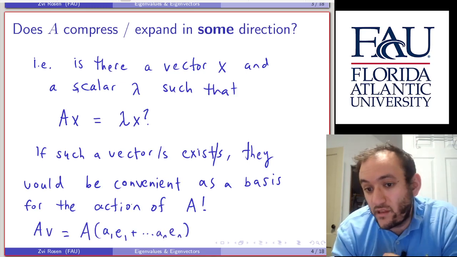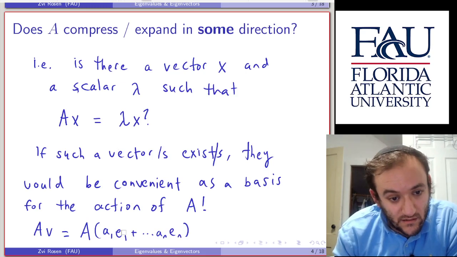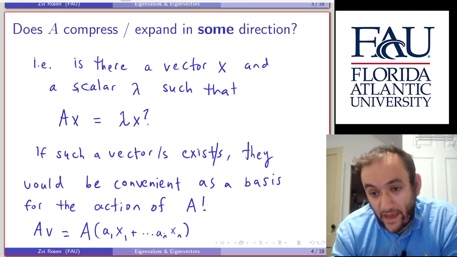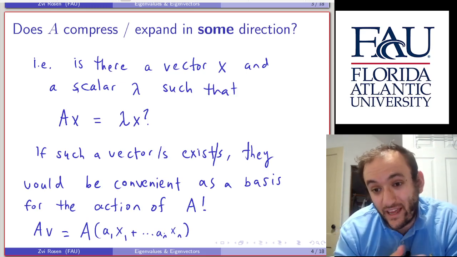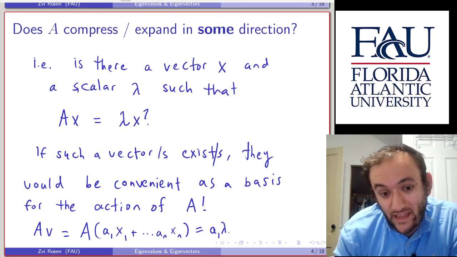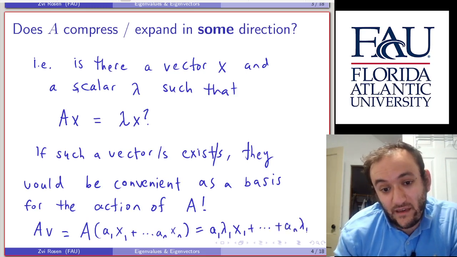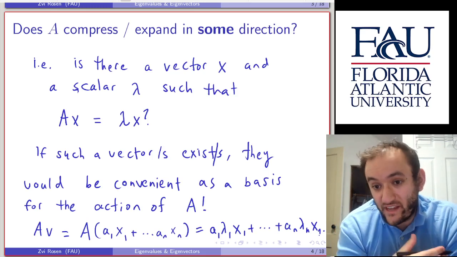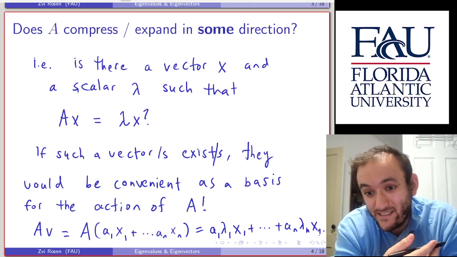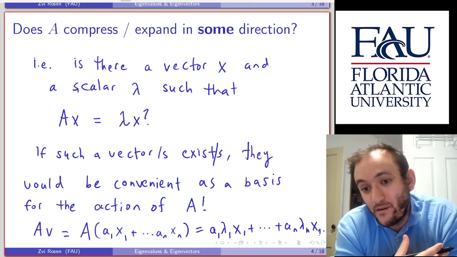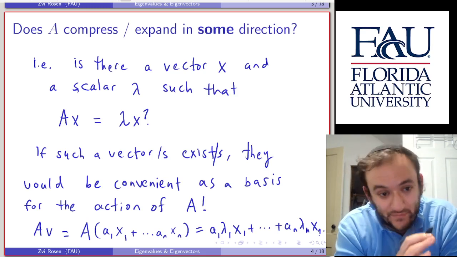But if these e1 through en, let's make this x1 through xn actually, if these x1 through xn are special vectors where A just scales them, this might be the same as a1 lambda1 x1 plus up to an lambda n xn. So by spelling out our vectors in terms of these special x's, we can just allow A to act by scaling. Okay, that's the idea.